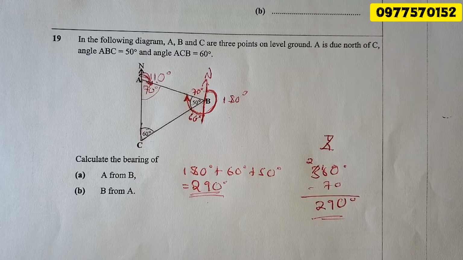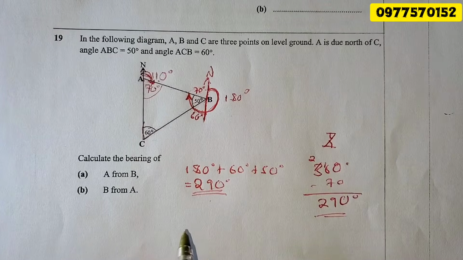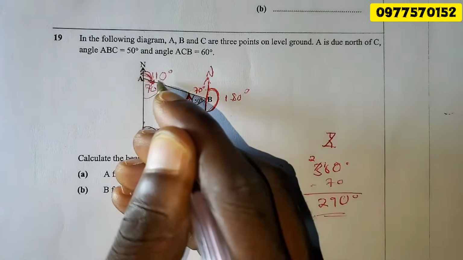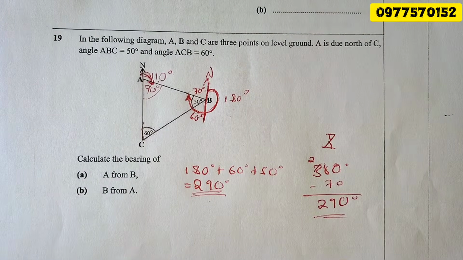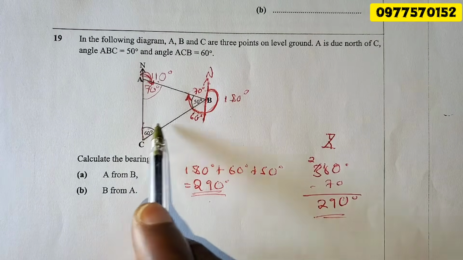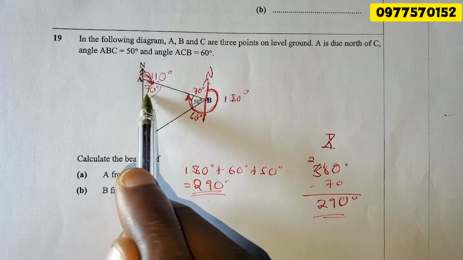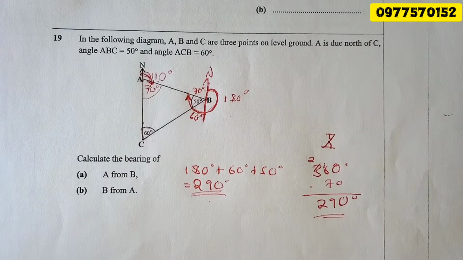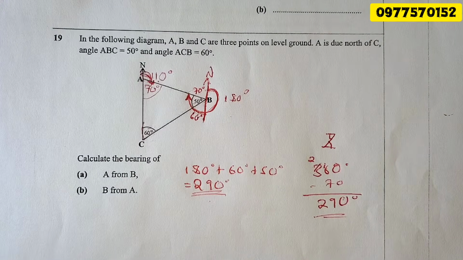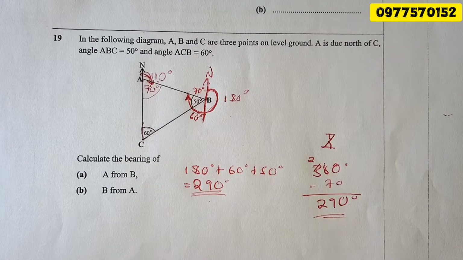So this is how you can write, okay? So you can say 50 plus 60, 110. You still remain at 110, of course. Or you can calculate. You can find the value of this angle here. Then subtract from 180. You still find 110.